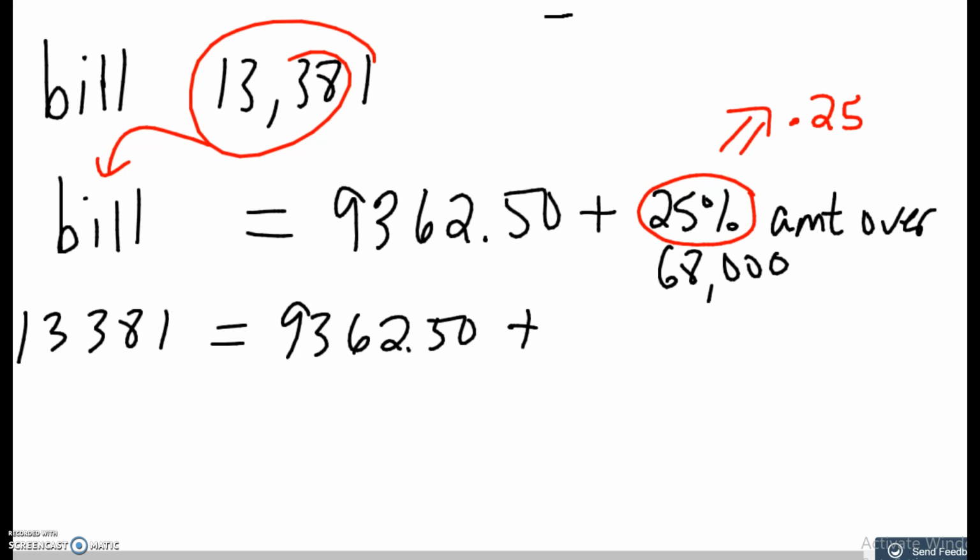So we're going to add to this 25% of what? Of the amount that the person makes over $68,000. So if we want to find the amount that the person makes over $68,000, we would be subtracting, okay?